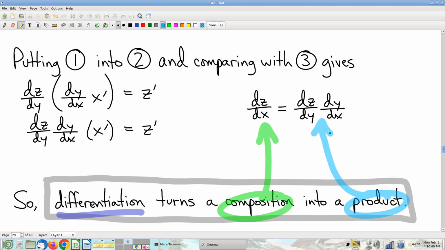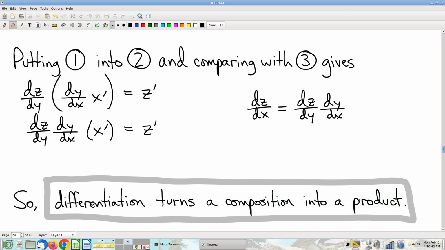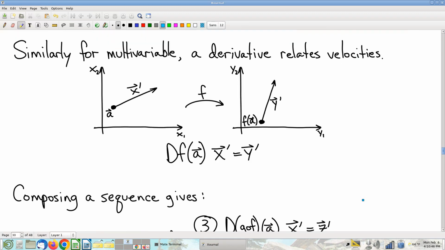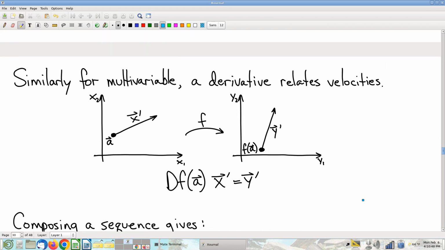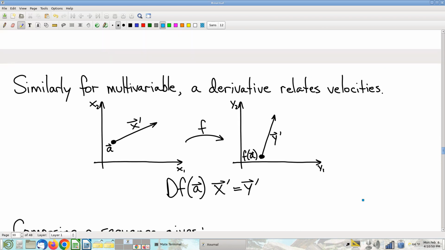Okay, all that is review, single variable calculus. It sets up, though, a pattern, and what I'm going to do now is I'm going to do the exact same thing to multivariable. I mean, it's the same strategy. Step 1, interpret derivatives as being relationships between input velocities and output velocities.